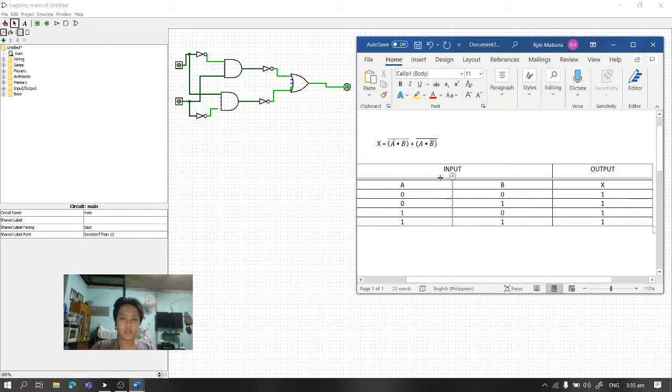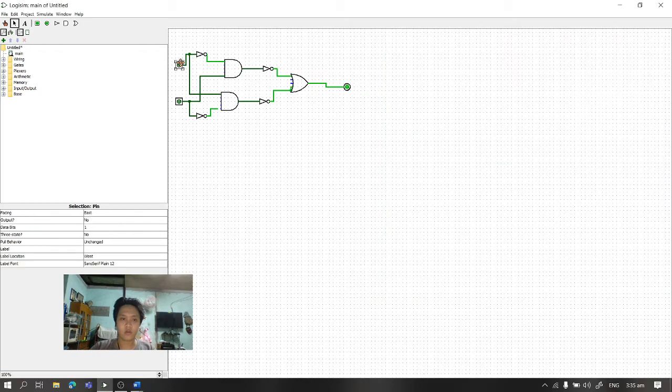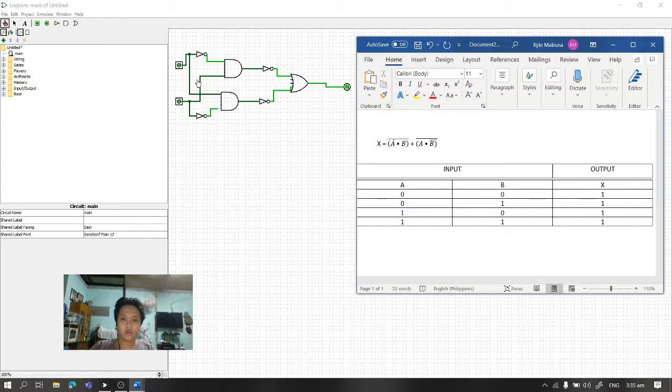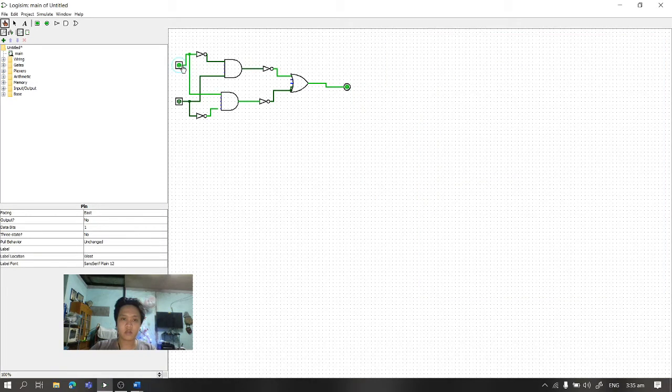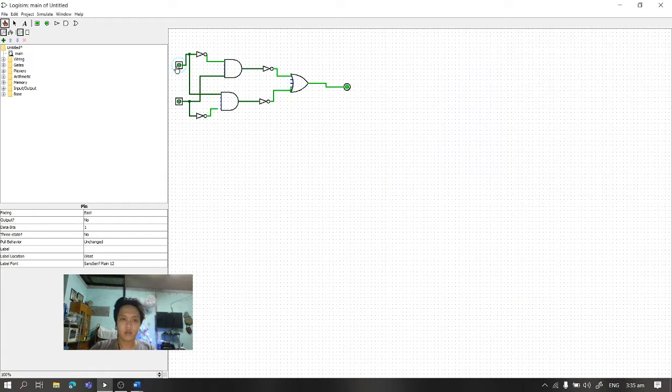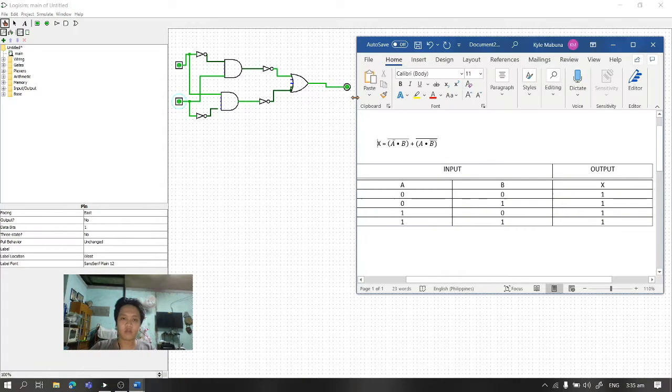For the truth table, the inputs are A and B. For 0 0 the output is 1, for 0 1 the output is 0, for 1 0 the output is 1, and if 1 1, then the output is also 1.